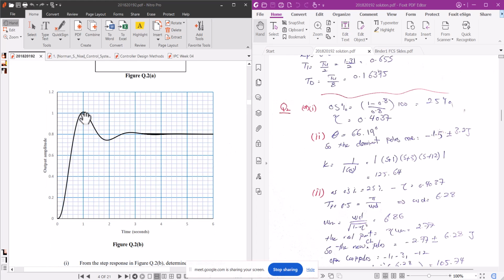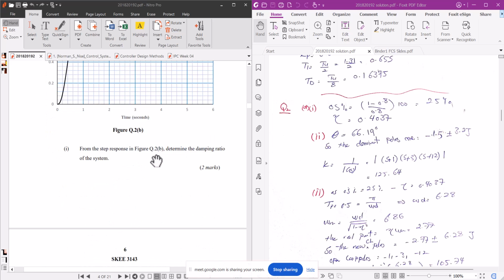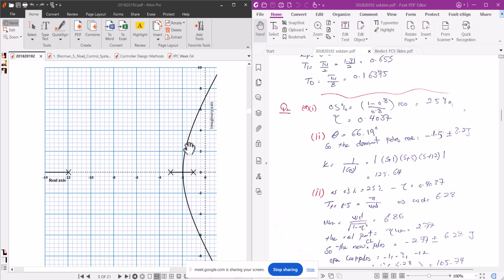We started from percentage overshoot. We first calculate the percentage overshoot, C max minus C final over C final into 100, and we got 25%. From 25% we calculate the zeta, and then take its cos inverse, cos inverse of 0.4037, so we get theta. On the theta we get the dominant poles, and we got 2 poles.